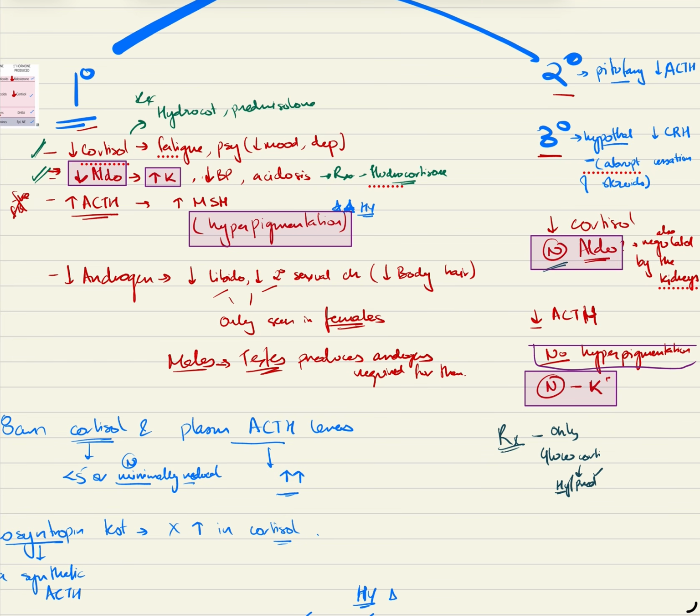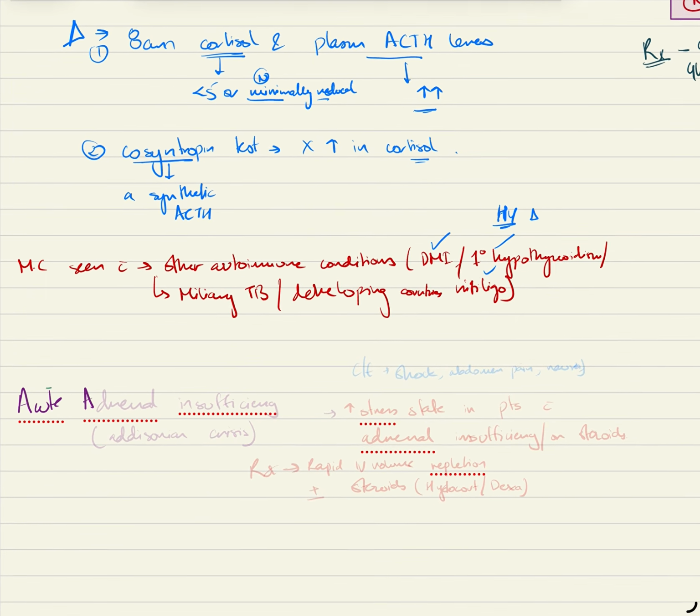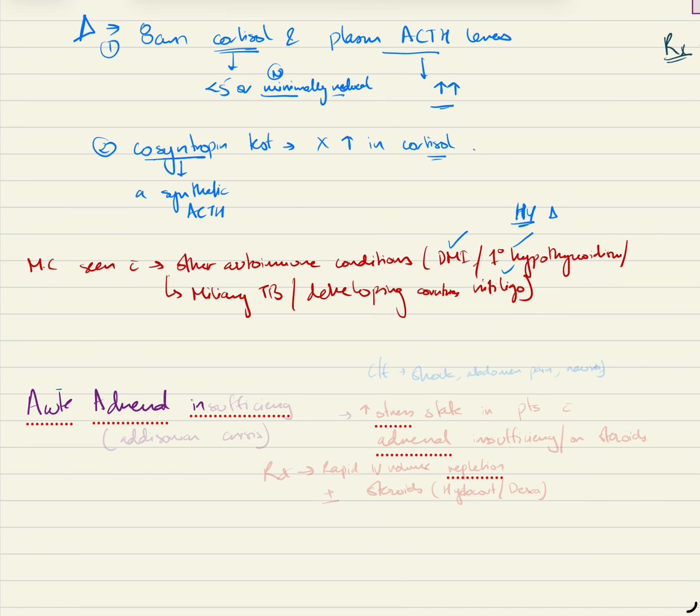All right, now coming to acute adrenal insufficiency or Addisonian crisis. This is an increased stress state, okay, in patients with adrenal insufficiency or on steroids.